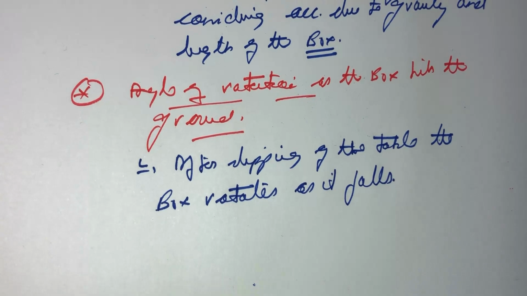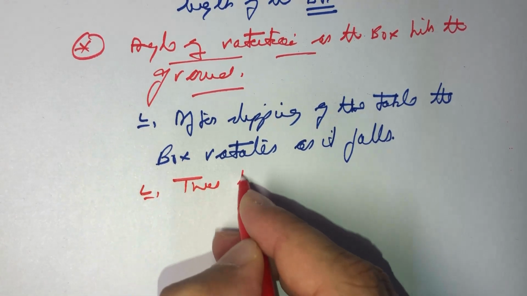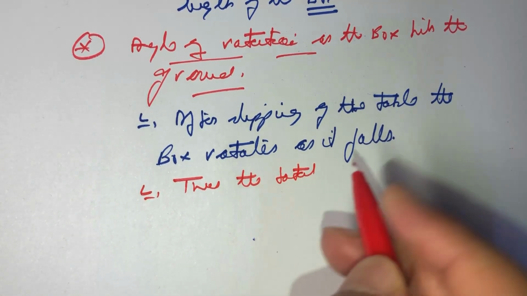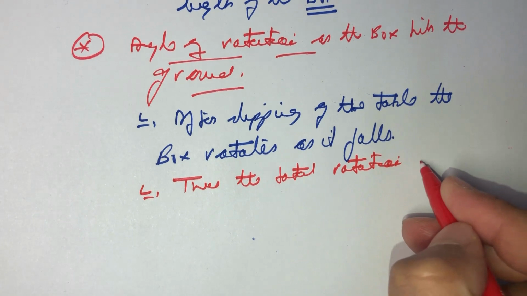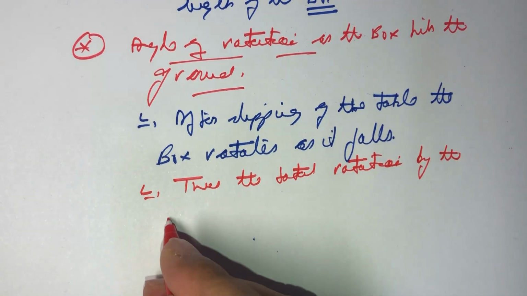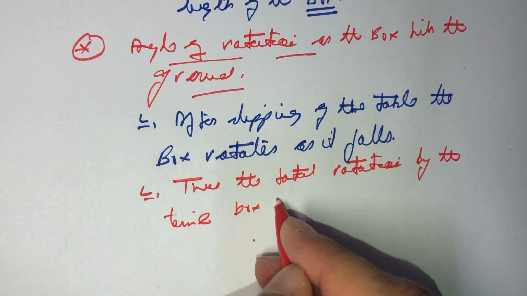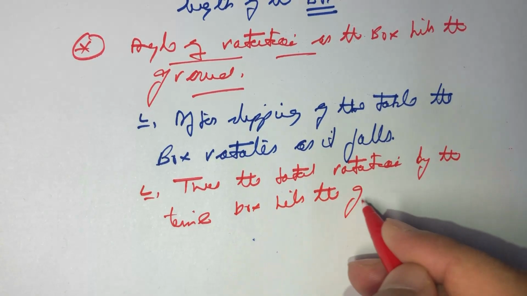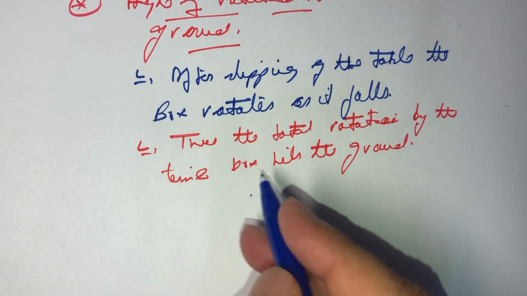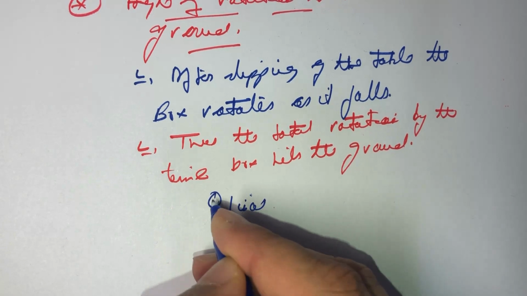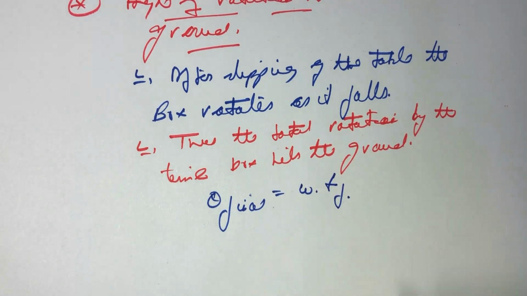Therefore, the total rotation by the time the box hits the ground, let us suppose that is given as theta final, will be equal to omega multiplied by t f, which we already calculated.